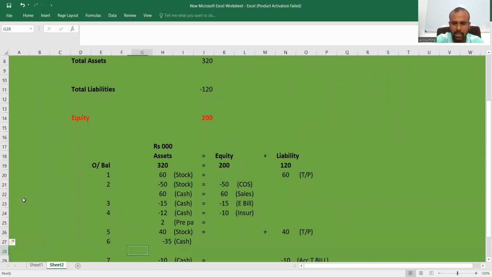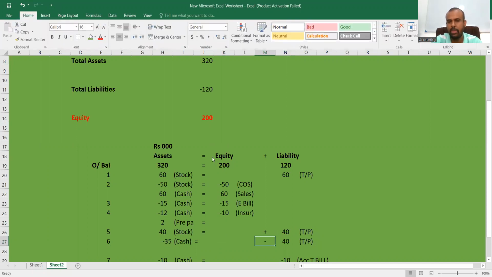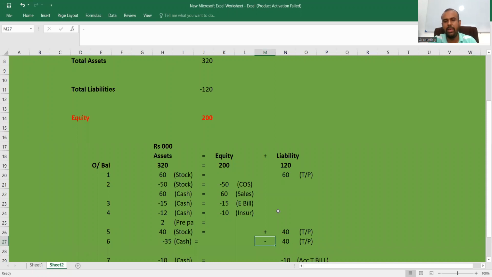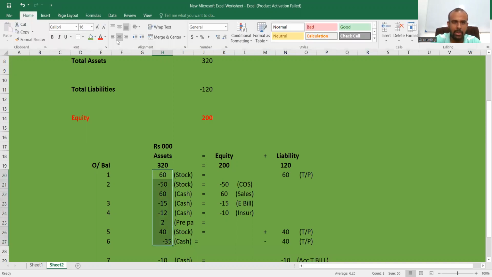Liabilities also reduce. The trade payable reduces by how much? Rupees 40,000. Because you paid 35,000 to settle a liability of 40,000. So from these transactions, you can see you paid 35,000 in cash, but you could reduce the liability by rupees 40,000.